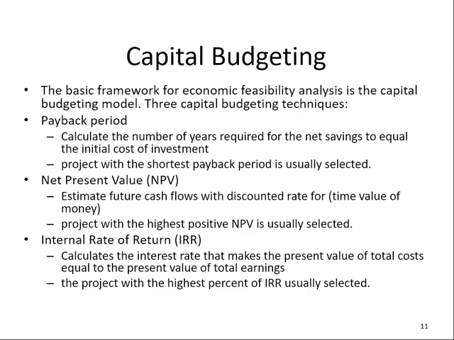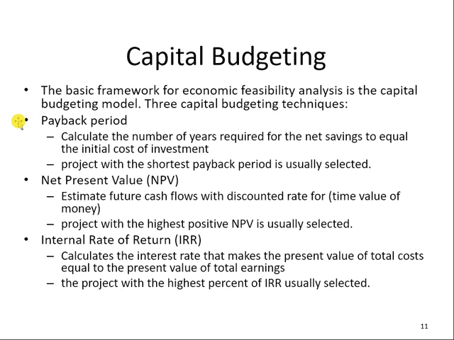All right, so we can talk about capital budgeting. Basically, this is a part of the economic feasibility. Three capital budgeting techniques are often used. We have the payback period.